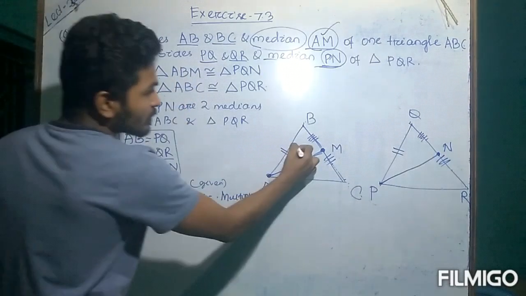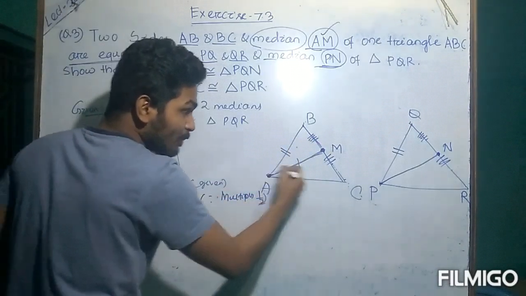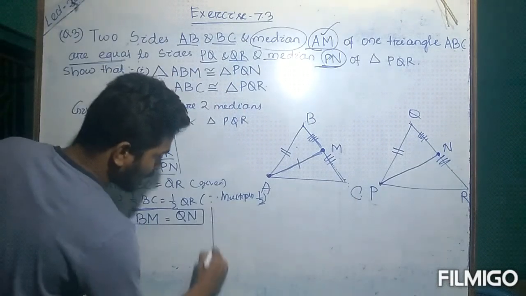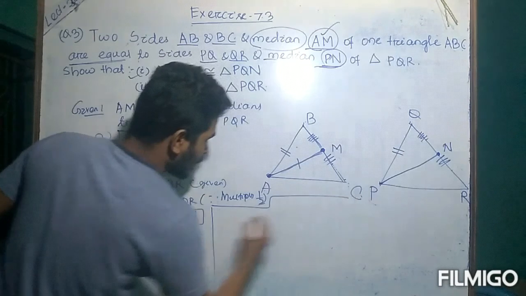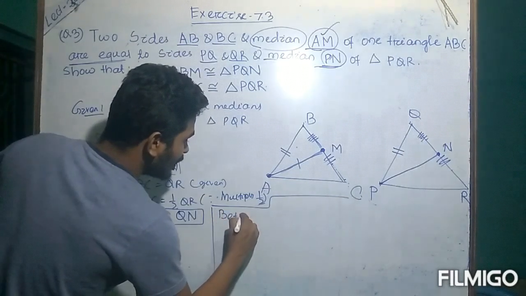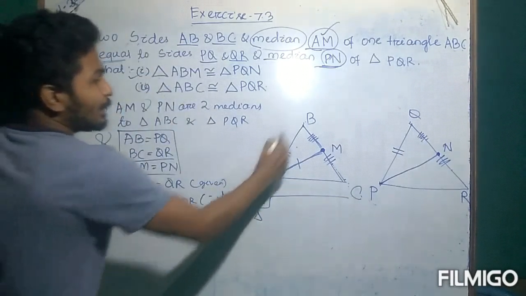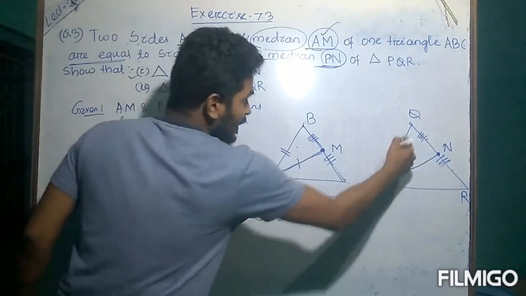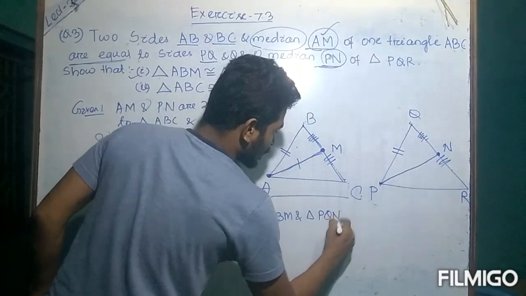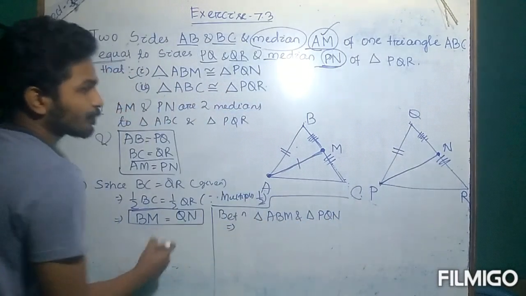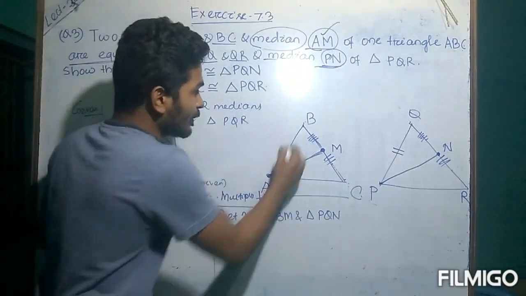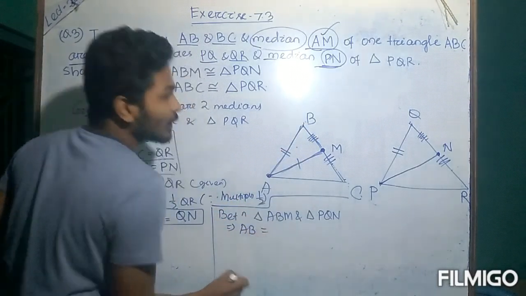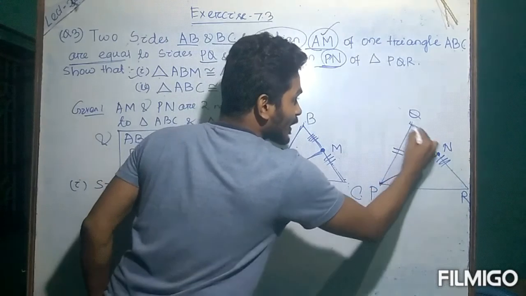So now we have to compare this triangle ABM with the triangle PQN. Between triangle ABM and triangle PQN. Okay. Here for the triangle ABM, this side AB is equal to this side PQ for the triangle PQN.